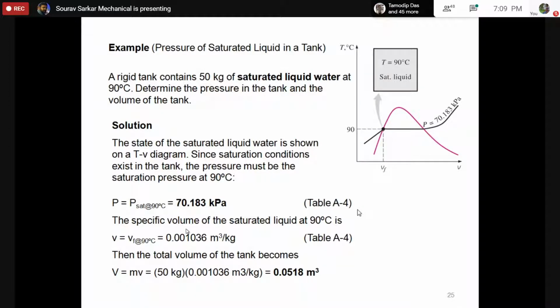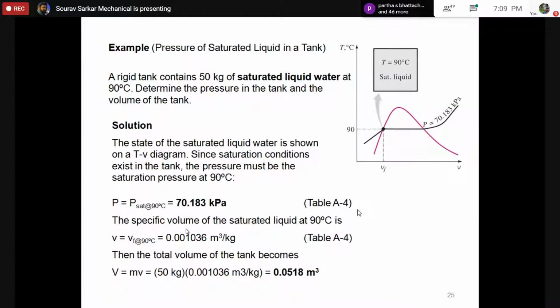Determine the pressure in the tank and the volume of the tank. Can we determine this? What will be the pressure? Is it more than atmospheric or less than atmospheric?